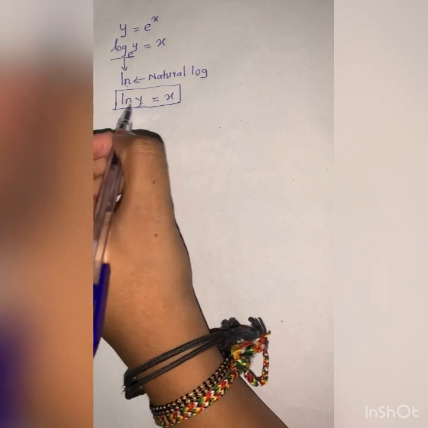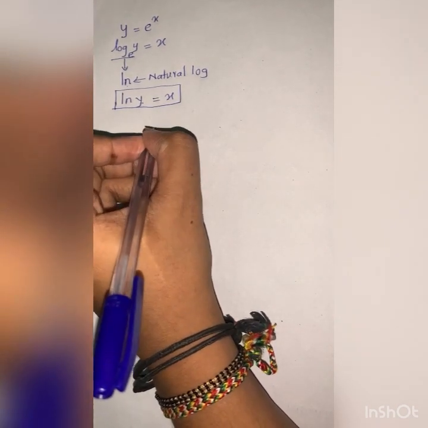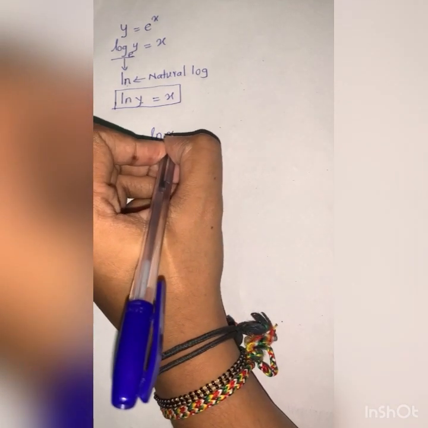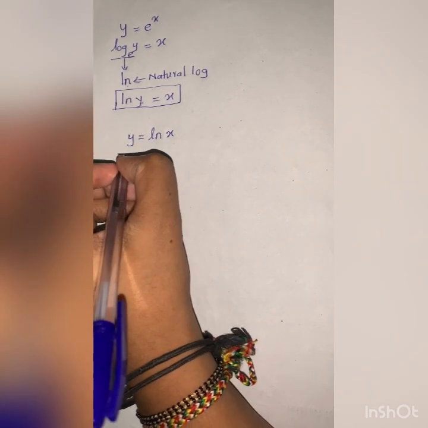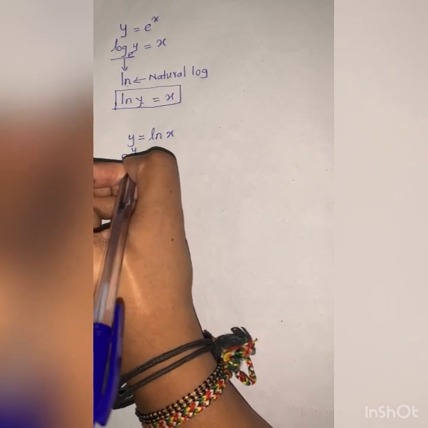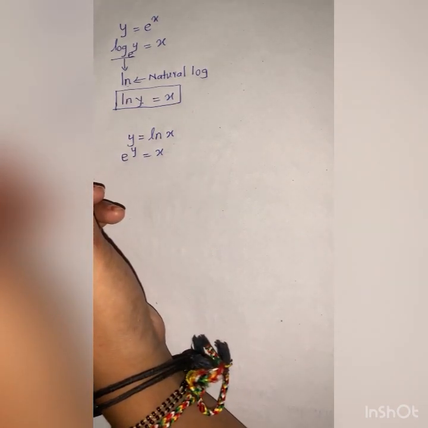Now we see the differentiation of ln. Our equation is y is equal to ln x. How can we write this? In the form we have studied, e to the power y is equal to x.